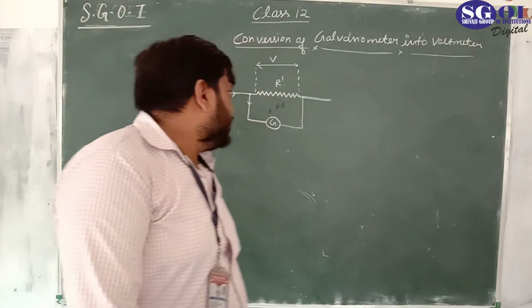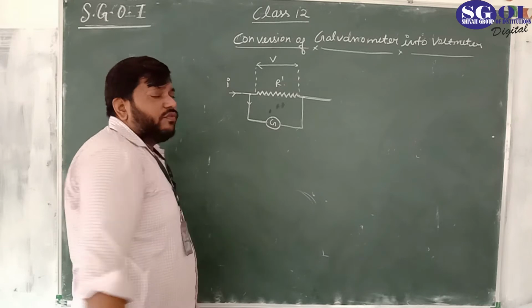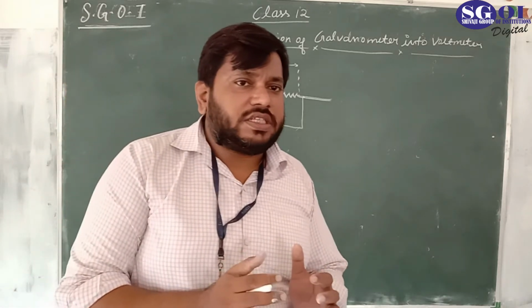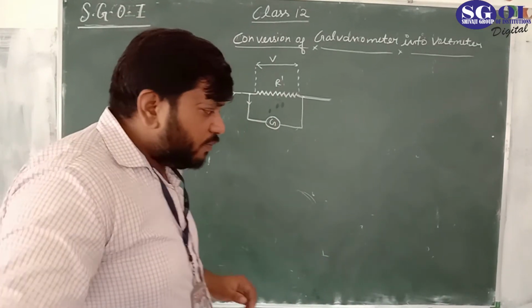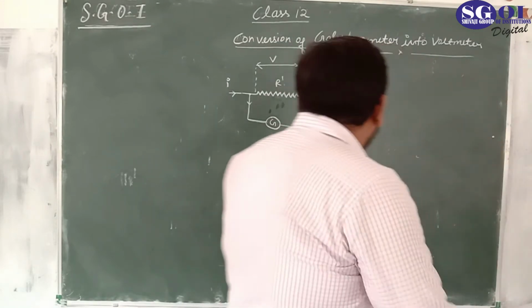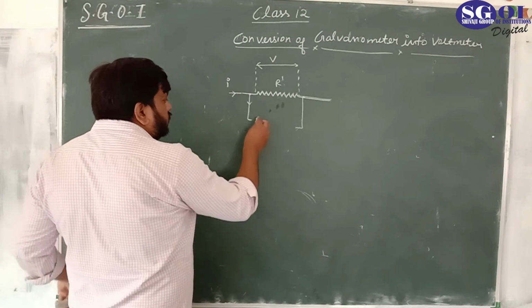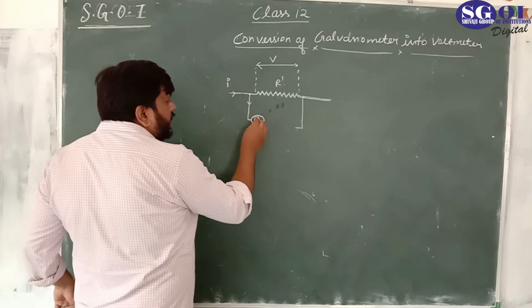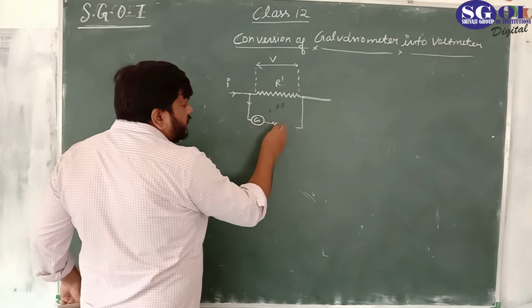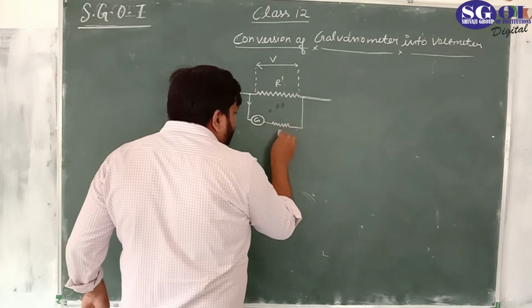What would be the value of that resistance? Suppose I am going to modify this circuit. This is the galvanometer and this is resistance R.